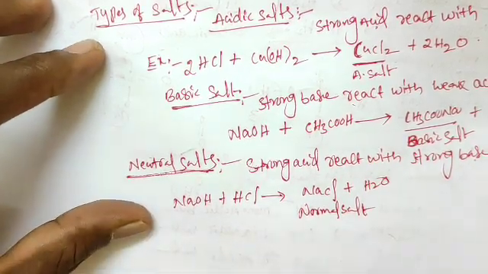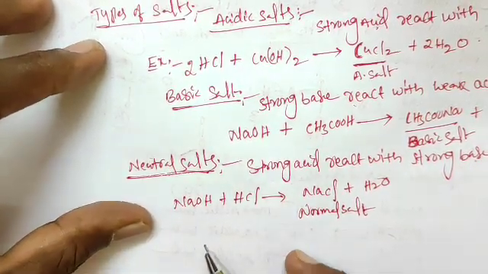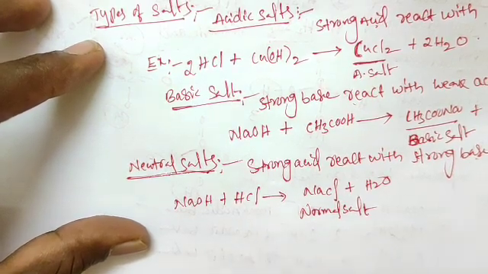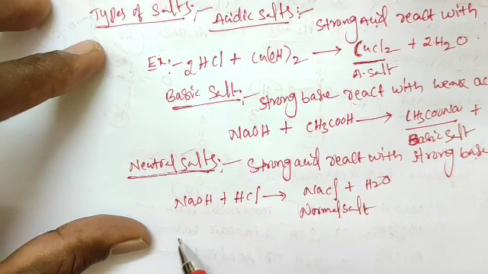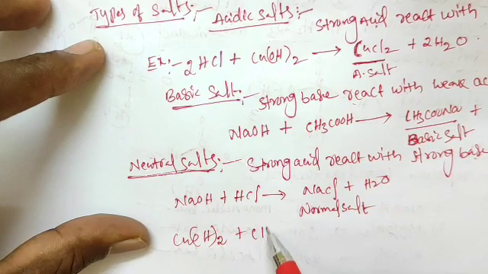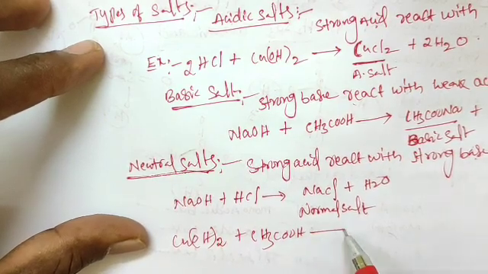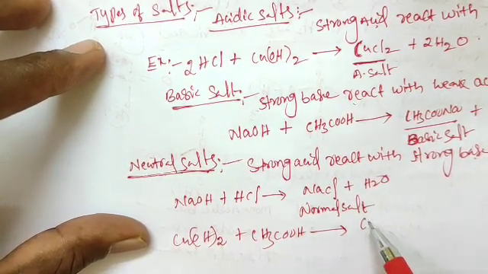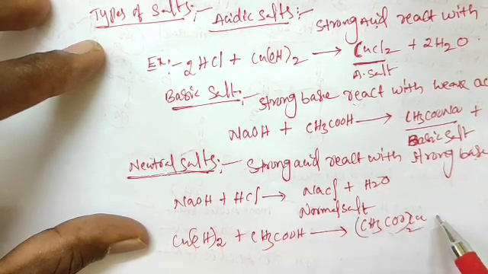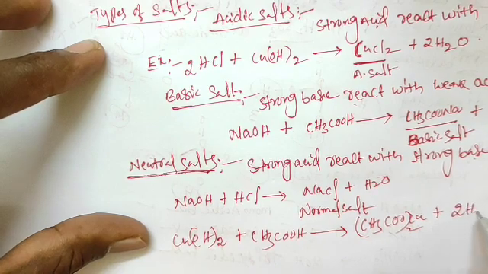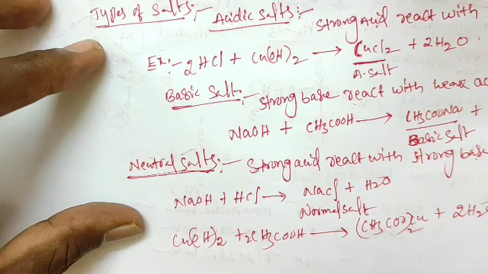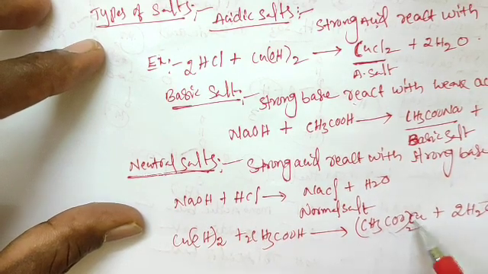Next, the weak base and weak acid combination. Example: Cu(OH)2, which we already know is a weak base, reacts with CH3COOH, a weak acid, and we get (CH3COO)2Cu plus 2H2O. This is copper acetate.